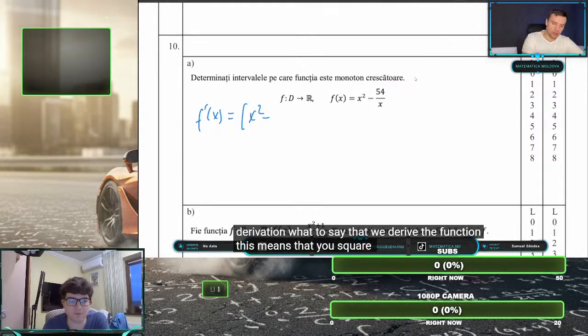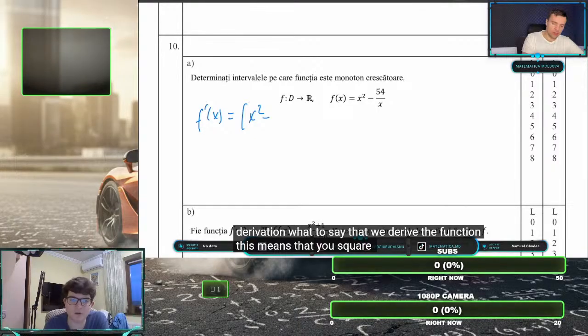Now, find the intervals at which this function grows. So first you have to do the derivative of the function.